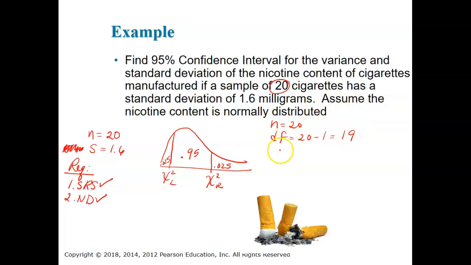So when I go to my table, I'm going to use 19 degrees of freedom, and for chi-squared right, I'm going to use 0.025, and for chi-squared left, I'm going to use 0.975, because the table calls for the area to the right. So the right of this line would be 0.025. To the right of this line, we'll add these two together and get 0.975.